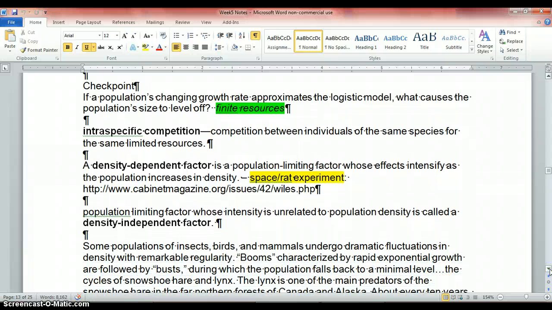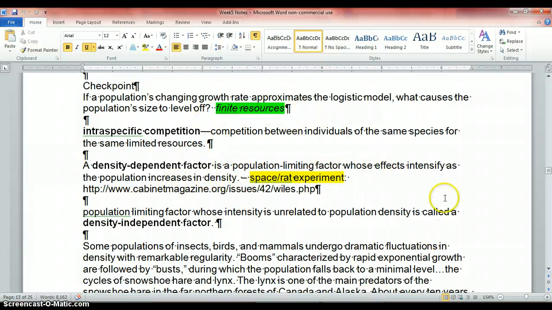So let's talk about stuff that gets in the way. Intra-specific competition is competition between individuals of the same species, because it's intra, for the same limited resources. Okay? So this is like males vying for females. A density-dependent factor is a population-limiting factor whose effect intensifies as the population density increases.